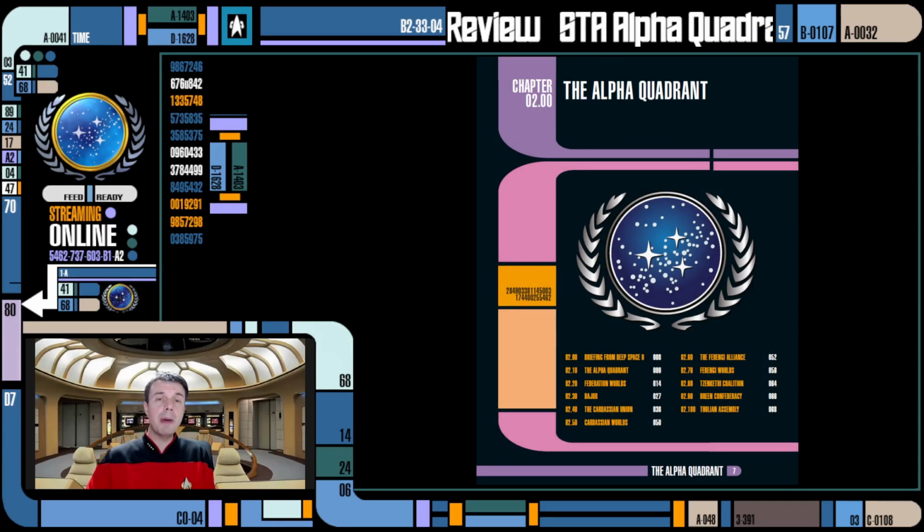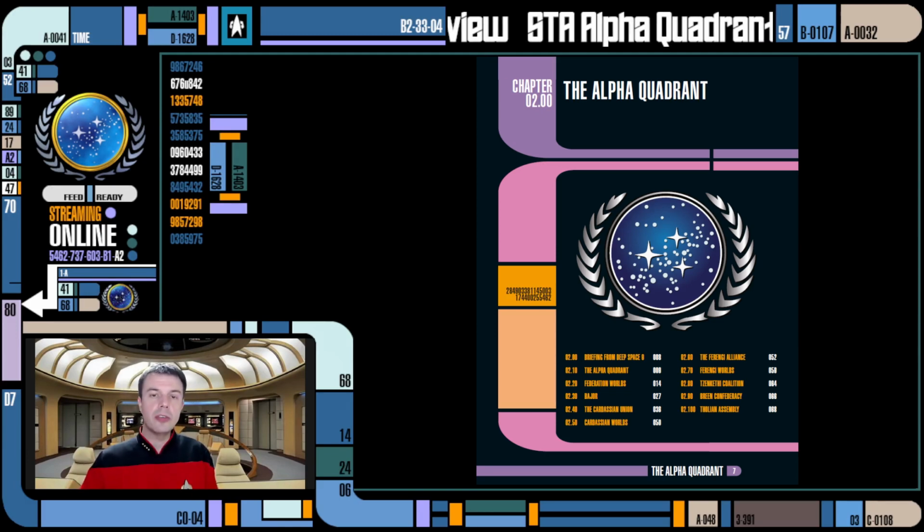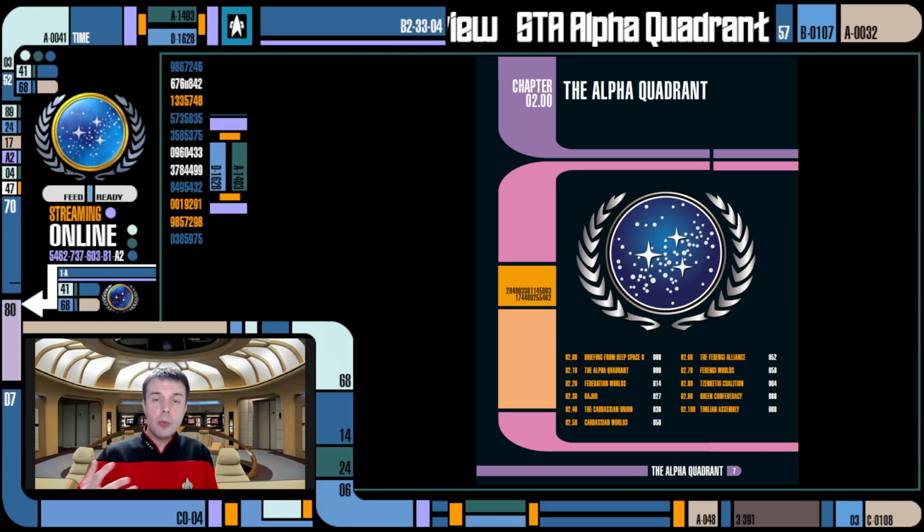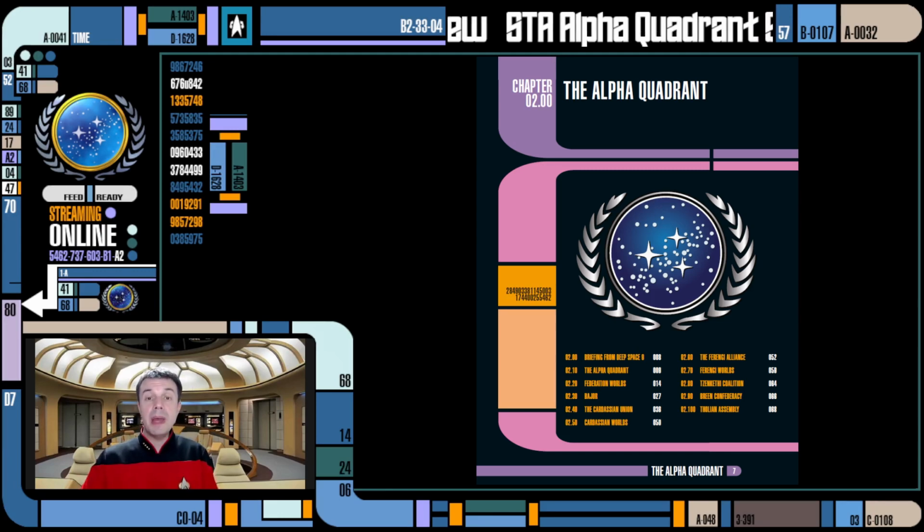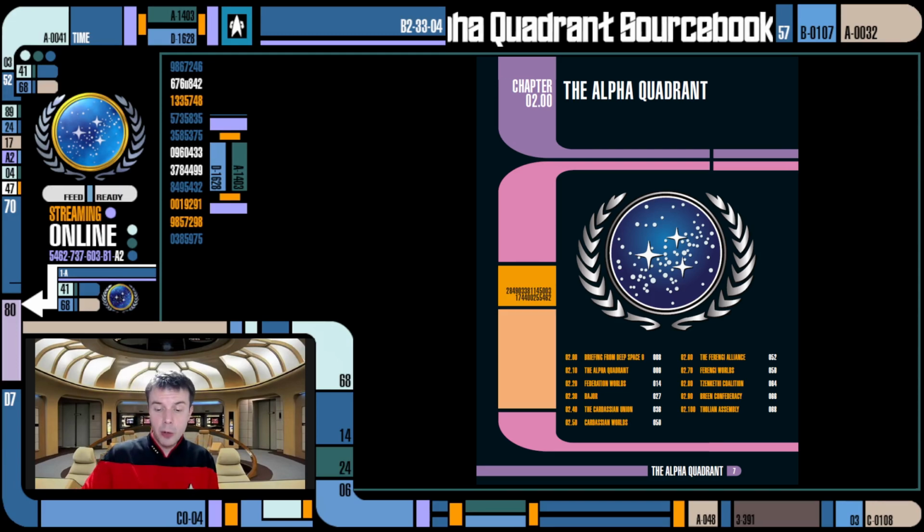First thing to point out about this book, again, when the earlier releases in the line, the original core rulebook, as you may know, started with a late TNG, early Deep Space Nine setting. This book was the first one, I believe, to push that timeline a little bit further.